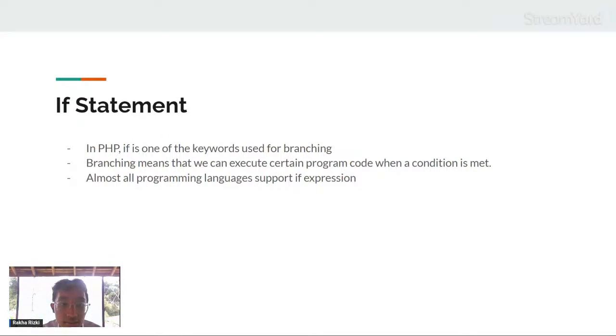Branching means that we can execute a certain piece of program code when a condition is met. So when the condition is true, the code will be processed. Almost all programming languages support the if expression, like JavaScript, Kotlin, Golang, and many more.